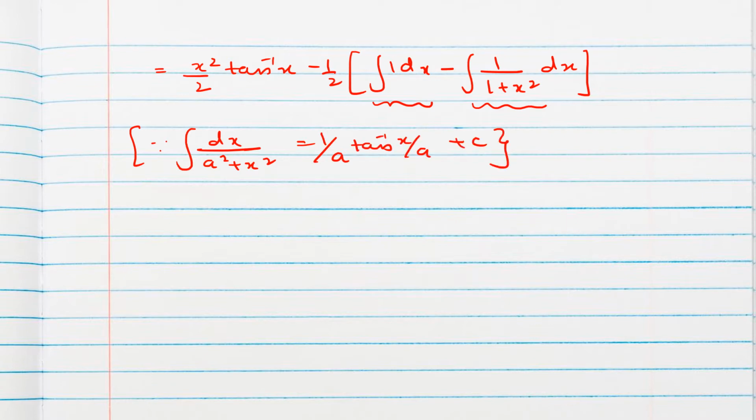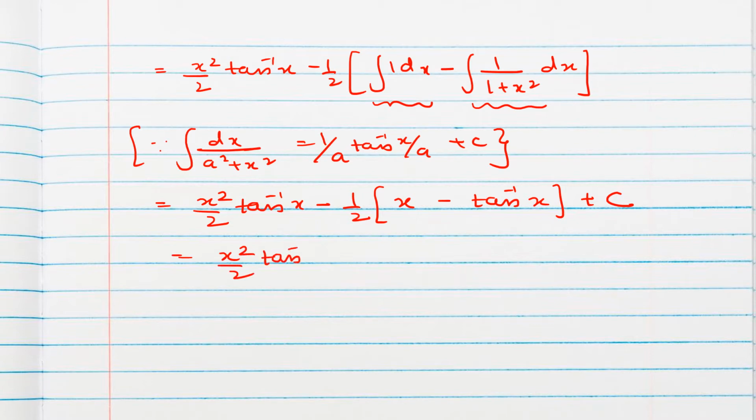So this formula we can apply for the second integral. So our answer will be x square by 2 tan inverse x minus half for this x, for this 1 by a is 1 only, so tan inverse x by a means x only. Okay, so x square by 2 tan inverse x minus x by 2 plus tan inverse x by 2.